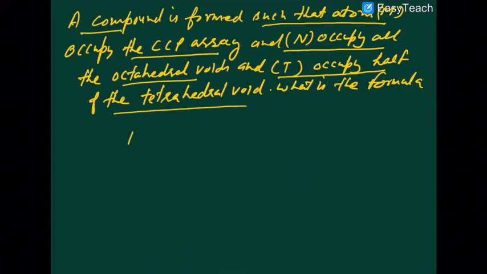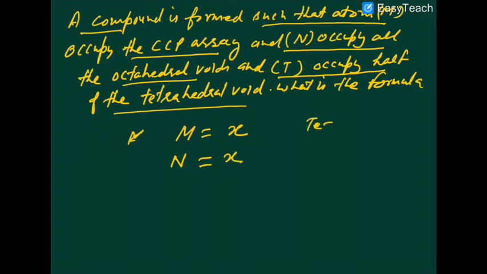Let us suppose M occupies all the CCP positions, so it is X. N occupies all the octahedral voids, so the number of CCP atoms is equal to the number of octahedral voids. So N also occupies X positions.